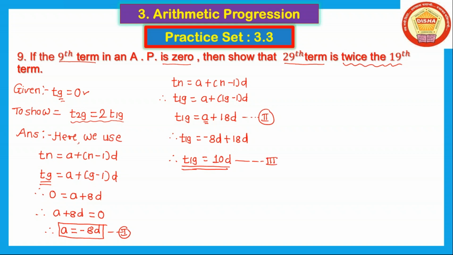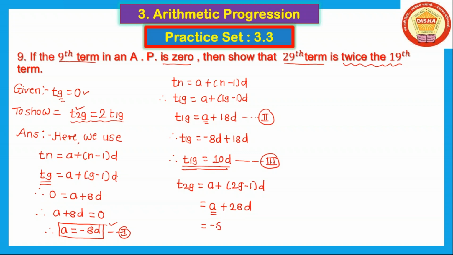Consider here equation third. And we have to find the relation of T29. So again we find the value of T29 is equal to a plus 29 minus 1 into d. Means a plus 28d. Again we use the value of a that we find in the equation first.